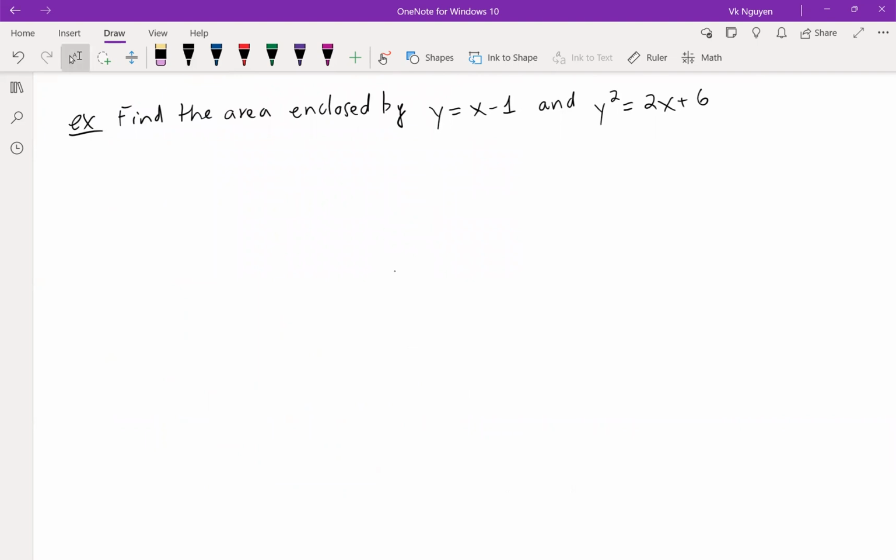First example: find the area enclosed by y equals x minus 1 and y squared equals 2x plus 6.